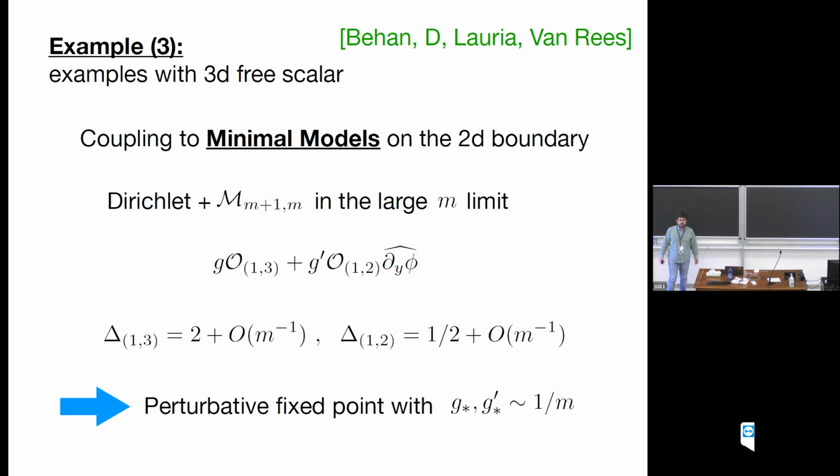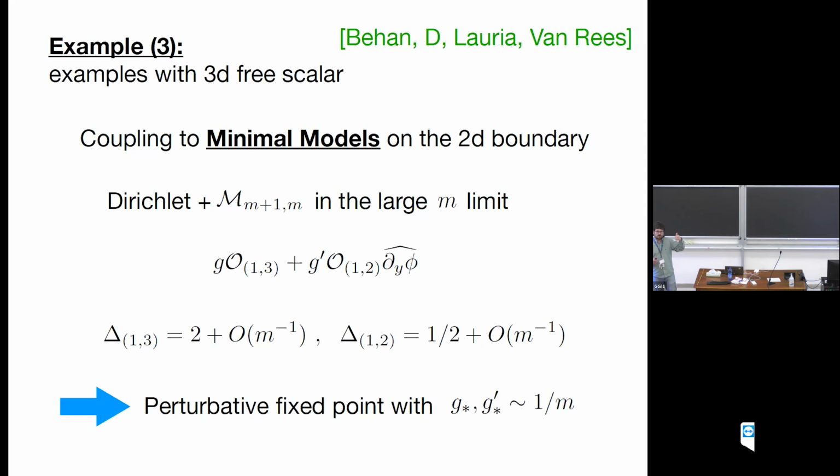No, indeed. In the IR fixed point, what happens is that, you see, since O12 is the one that I'm coupling to the normal derivative, this is going to be the one that in a way recombines with the phi hat, like the restriction of the scalar to the boundary.